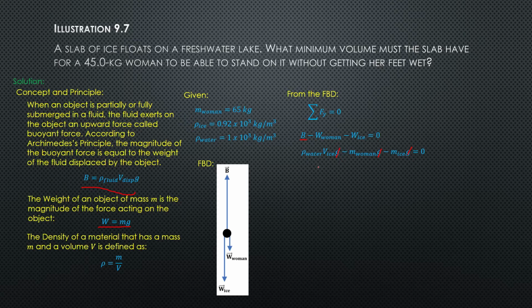So that leads us to this equation: density of water times volume of the ice, minus mass of the woman, minus mass of the ice.